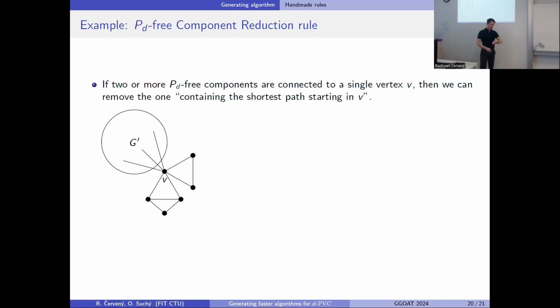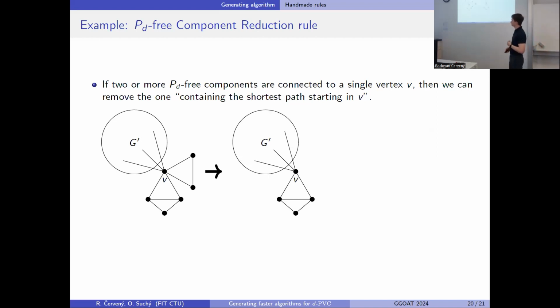So this is one of the reduction rules we use, and this is, I think, 5 path vertex cover. If you have a situation where there is a single vertex and there are some components connected to it, and just it, and these components do not contain the path on 5 vertices, then it kind of makes sense to just leave one of these components and reduce the graph.